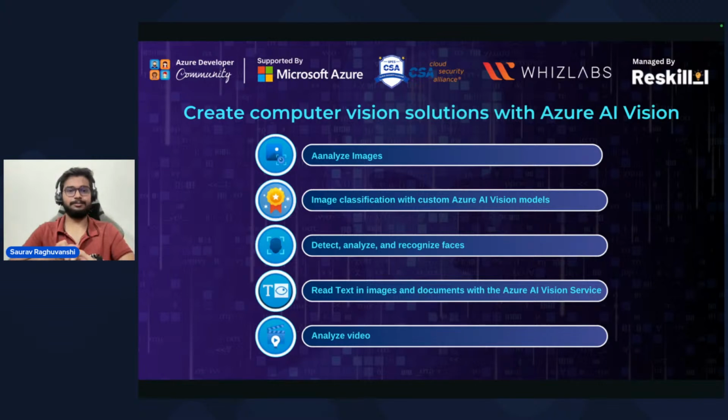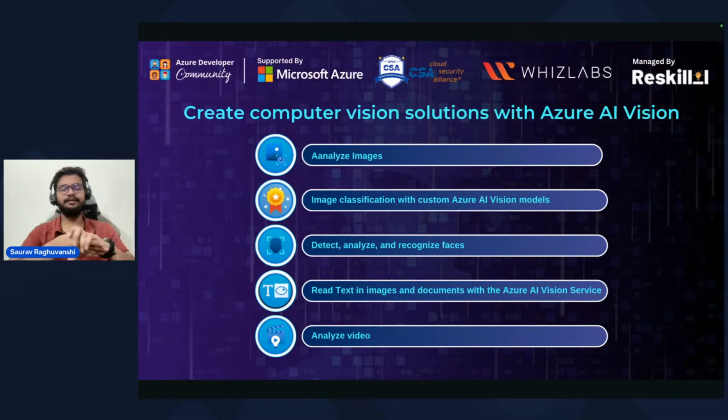And in this complete session, we are going to talk about how you analyze images, how you classify images into different categories using AI models. You detect, analyze, and recognize faces, where you will see how you can train your model to recognize specific things.